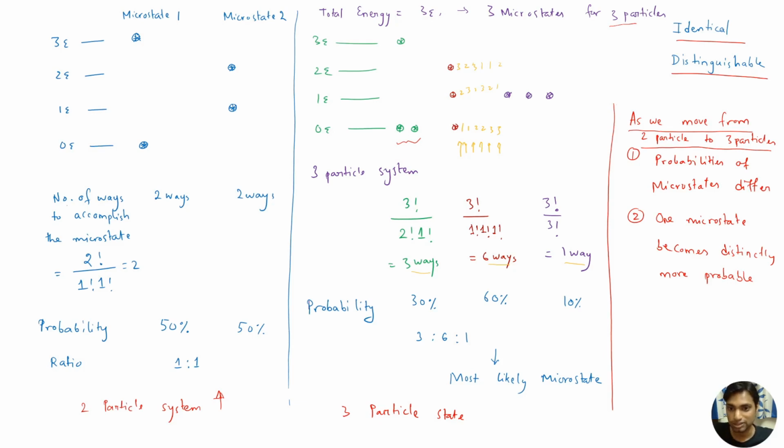What we are trying to do here is, suppose we have a particular macrostate where we are fixing temperature, volume, and energy. Then we ask ourselves the question: if I have n number of particles, in how many ways can I attain this configuration?